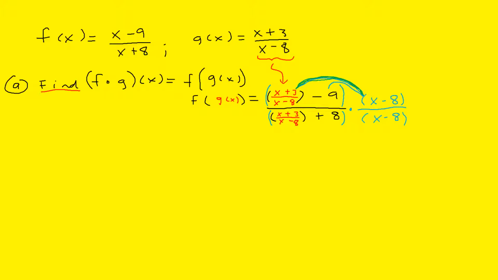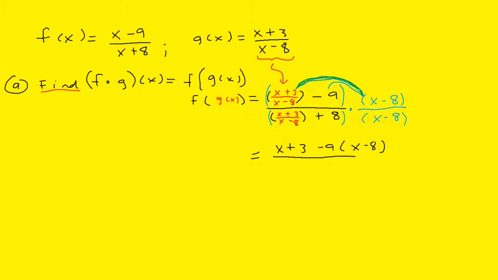And of course that was the whole point of this move, to get rid of the fractions. So after that's done, we have an x plus 3. But then, of course, we also have something else there. We got that negative 9. And so negative 9 will also be multiplied by the x minus 8.